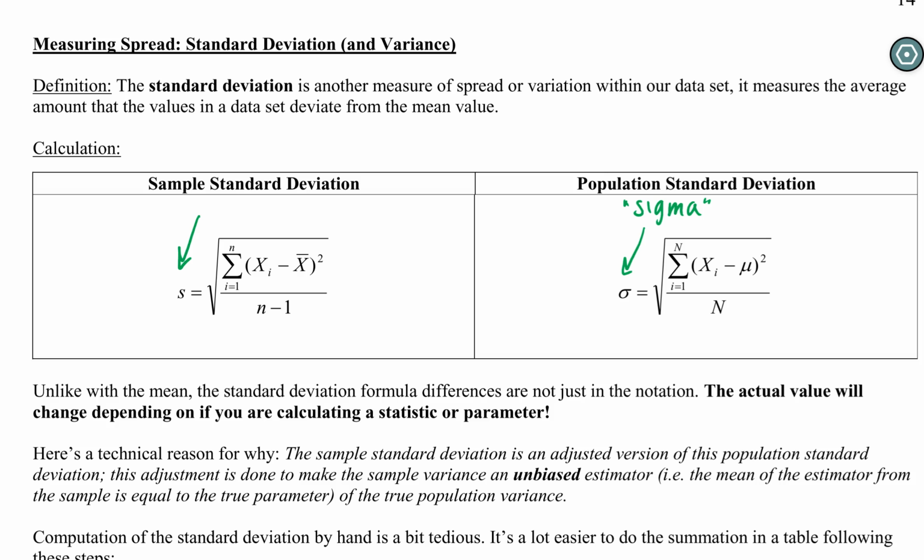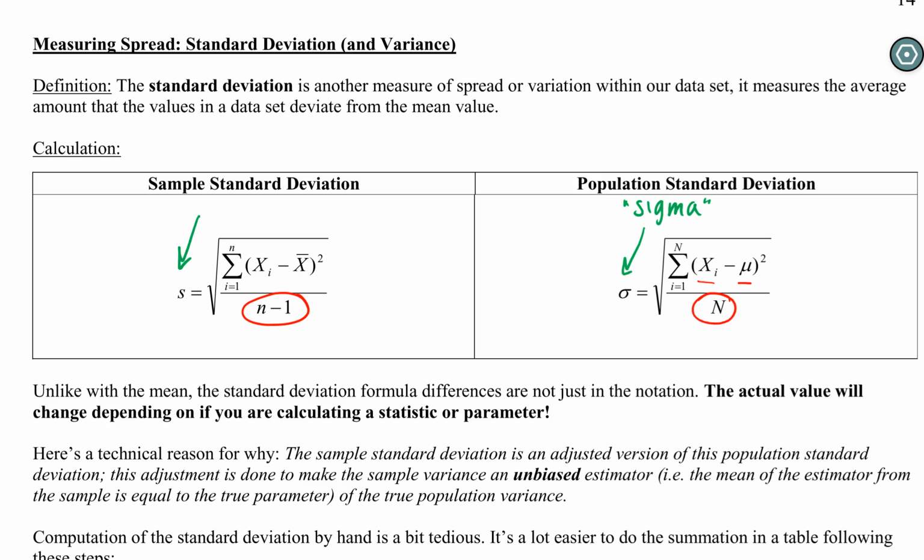Notice that the formula is slightly different for the population standard deviation. We're still going to take all the observations and subtract the mean, this time the true mean, and sum them all up, square them, but we are going to divide by n instead of n minus 1. So this is a big difference.